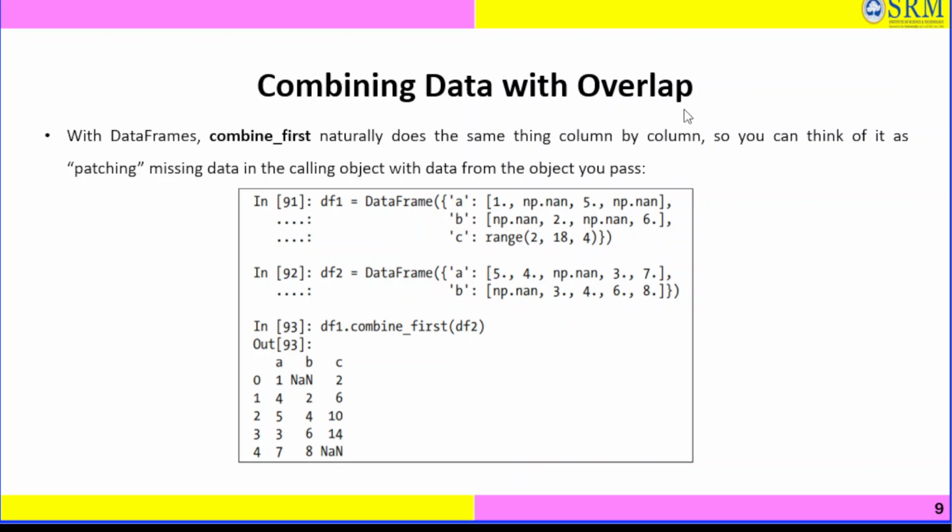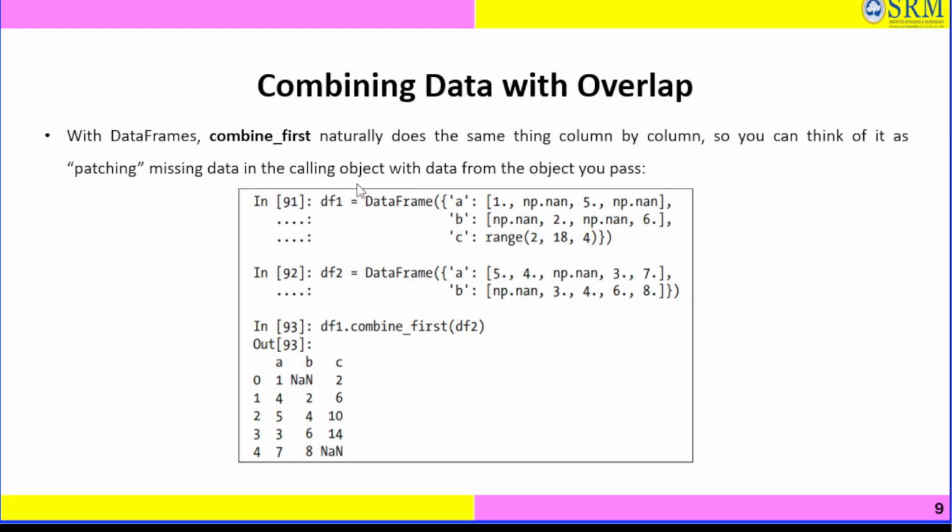Combining data with overlap. Combine first is a function using which we can combine the data. Here the first data frame value is checked. If there is a value in the first data frame, it is taken from the first data frame. If there is no value in the first data frame, it patches the value from the second data frame.